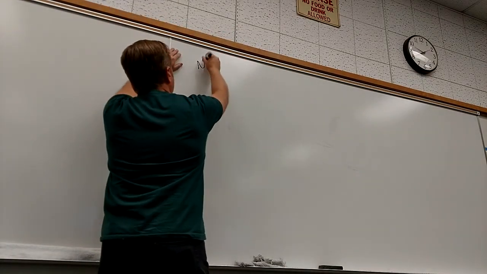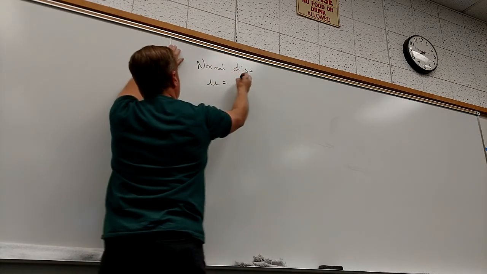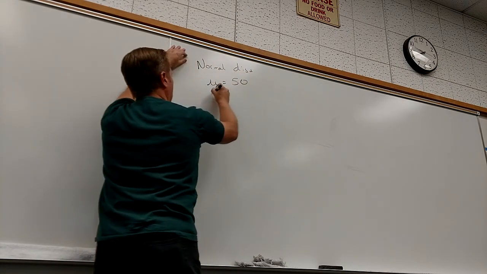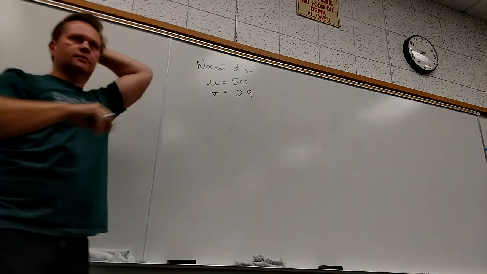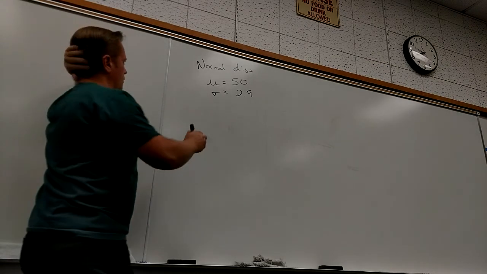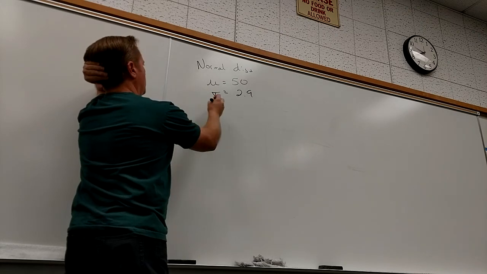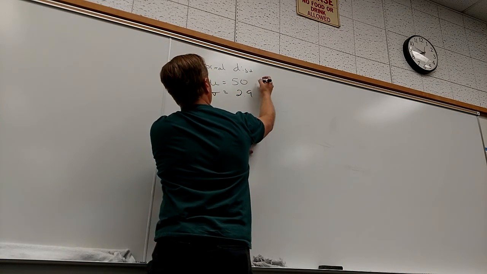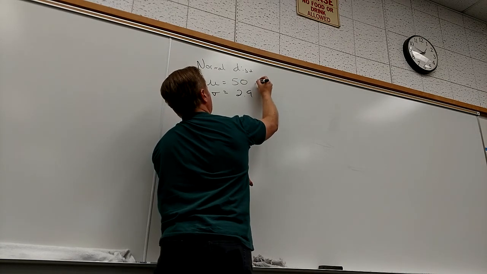Let's say I have a normal distribution. And let's say the mean is 50 and the standard deviation is 2.9. Let's give this some meaning. 50 minutes.